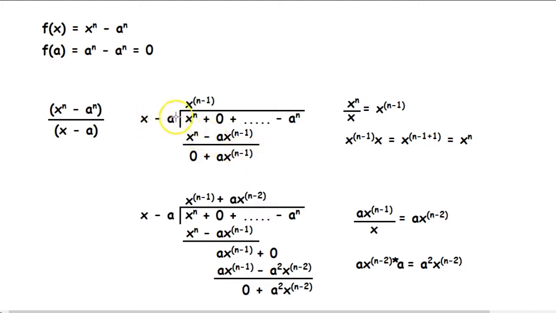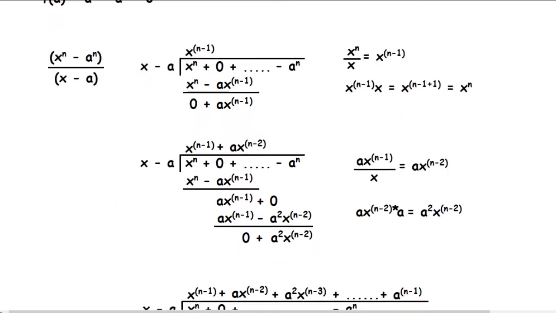So to check what we have done is correct, we again multiply and see. So x into x to the power n minus 1 will give us x to the power n minus 1 plus 1. So that is x to the power n. So here we have got our x to the power n. Similarly, this is also correct. So now we can go to our second step.